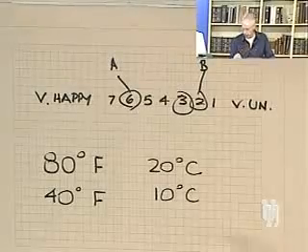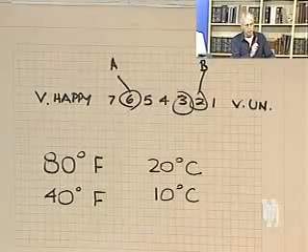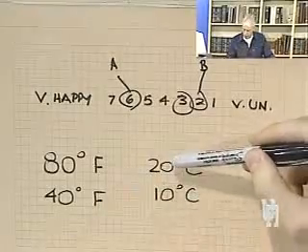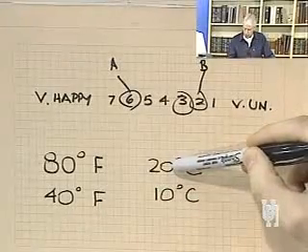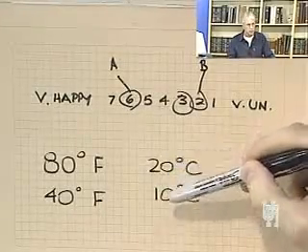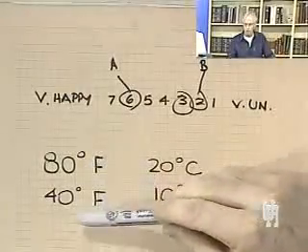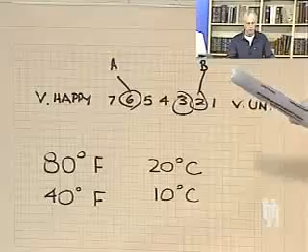And because this 0 point is arbitrary, you cannot make comparative statements. You cannot, as I've indicated, make the statement that 20 degrees centigrade is twice as hot as 10 degrees centigrade, or 80 degrees Fahrenheit is twice as hot as 40 degrees Fahrenheit.